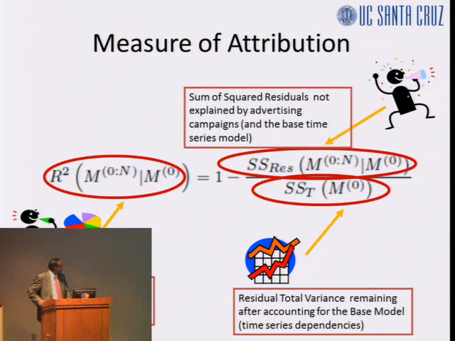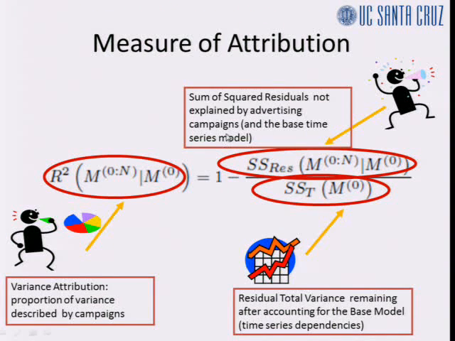The only difference is, compared to traditional R squared, we're going to look at the sum of the squared residuals not explained by advertising campaigns and the base time series model, over the residual total variance which remains after you account for the base model, which is the time series, right? So you're accounting for the time series model, you get rid of it, and whatever remains, you're attributing it. That's the basic model here, okay? So this means that I'm able to account for the proportion of variance described by each campaign separately, and that's what we're computing here. So that's the basic model we've developed.